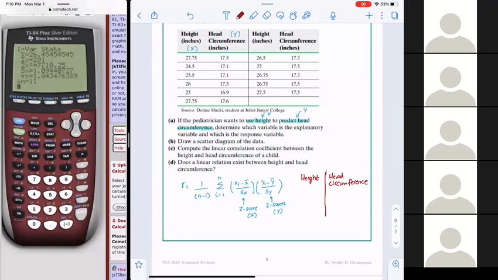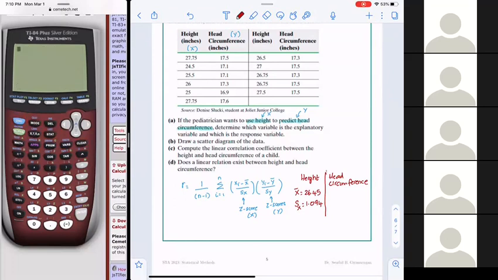List 1 has the x values. So x bar is 26.45. The standard deviation for x is 1.094. And the head circumference values are in list 2.